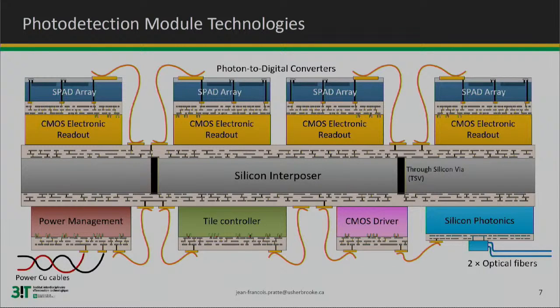Power management unit to regulate all the power for the system. The TAL controller, which is the brain of the system, sends the clock to every chip and gathers the data. And then we have what we call a photonic engine, which is composed of a CMOS driver and a silicon photonic chip, where the goal is to send data out using optical fiber to the acquisition system directly and not use copper. So now let's look into the SPAD.